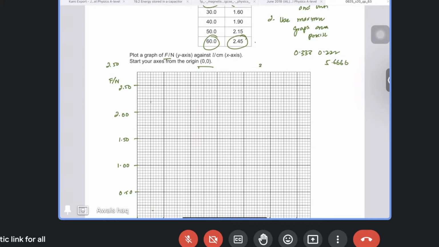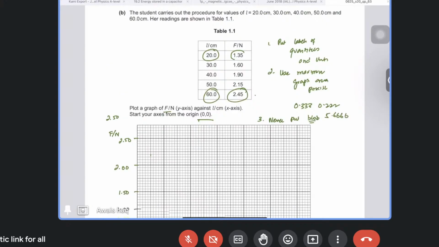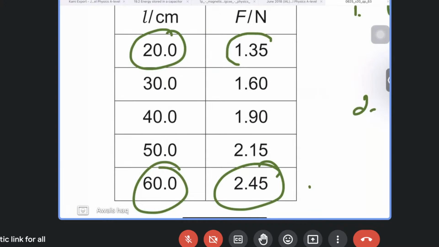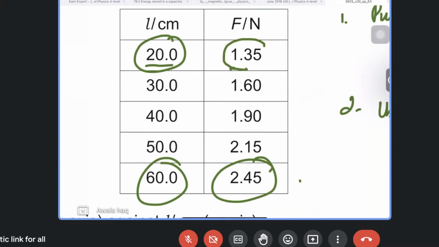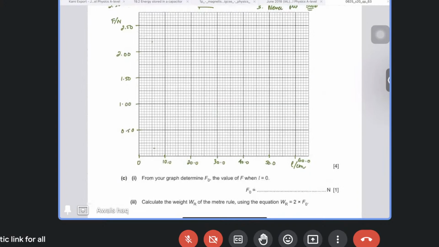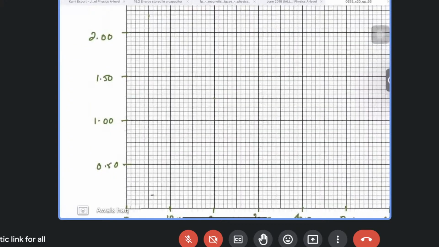And then the third thing, you should never put blobs. Now what are blobs? This is very important. So for example, if I want to plot 20 and 1.35. What people do is they go to 20 and they say, okay, this is 1.25.